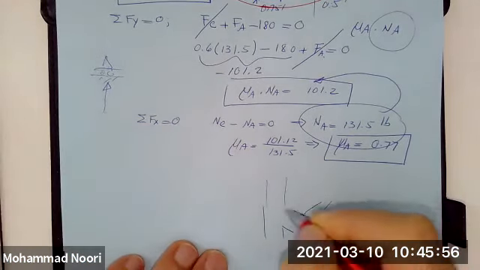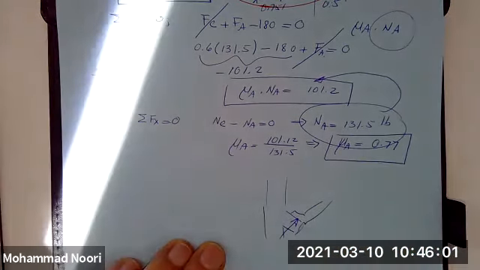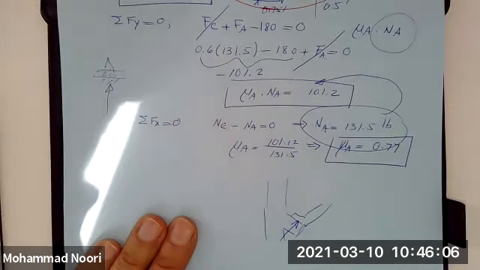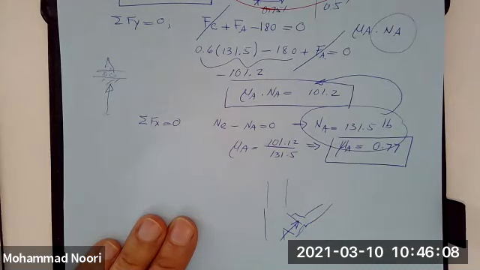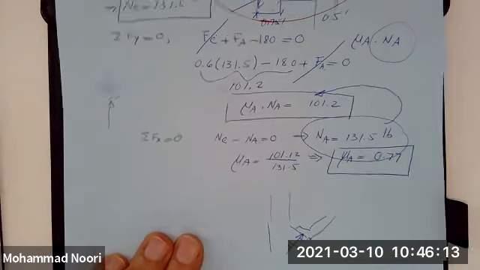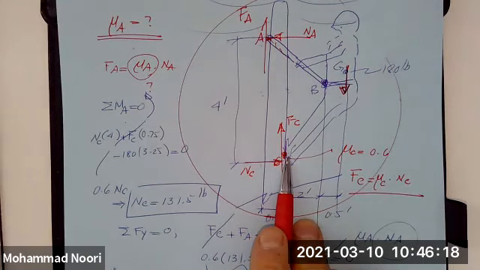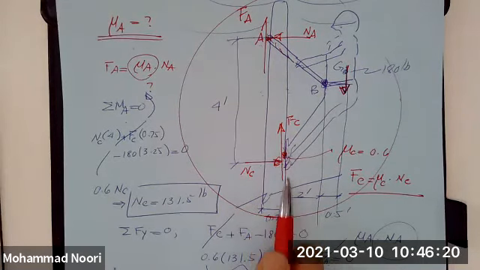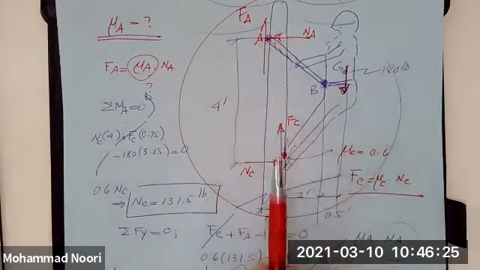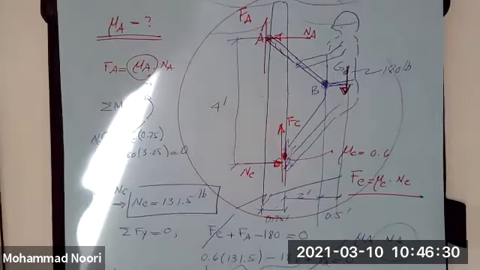The motion is taking place along this, so the normal force would be perpendicular to that. Normal force is always perpendicular to the potential direction of motion at the point of contact of the two objects, in this case this guy's shoes in contact with the pole. So if this is moving in this direction, the normal force would be perpendicular to that.